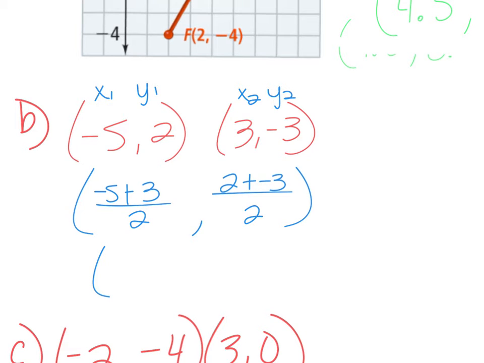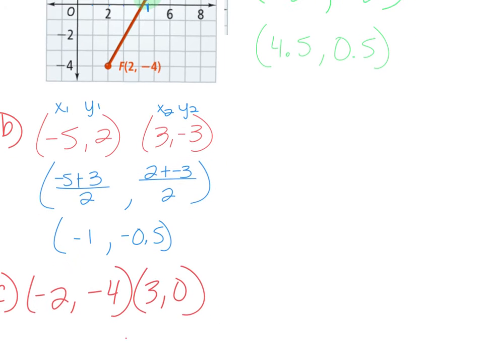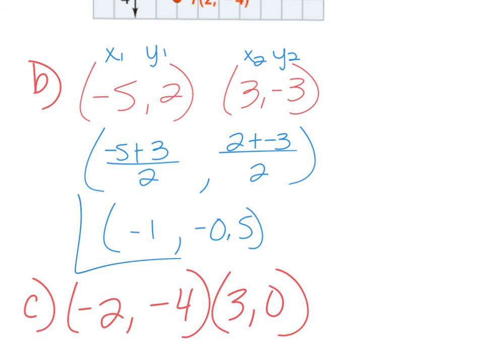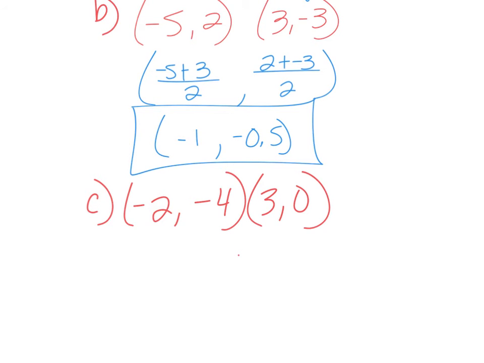Oops, sorry, I don't need the parentheses. So -5 plus 3 is -2, divided by 2 is -1. 2 plus -3 is -1, divided by 2 is -1.5 or 0.5. One thing you notice on your answer for all of these is that you need to have parentheses around your answer. That's huge.